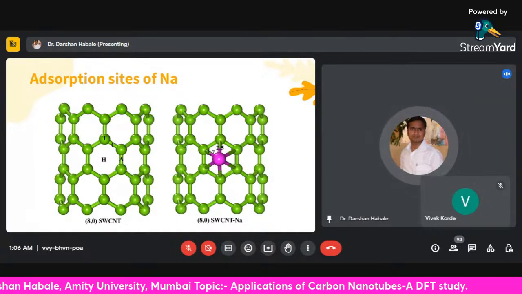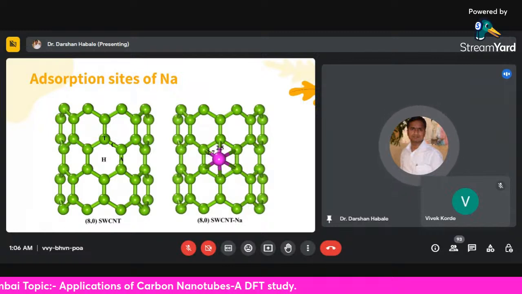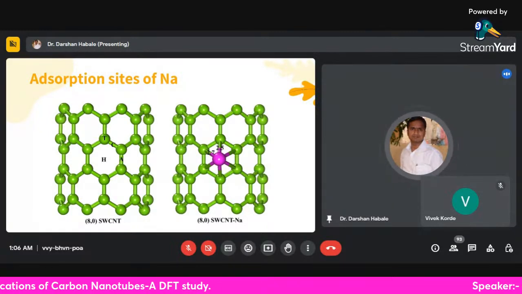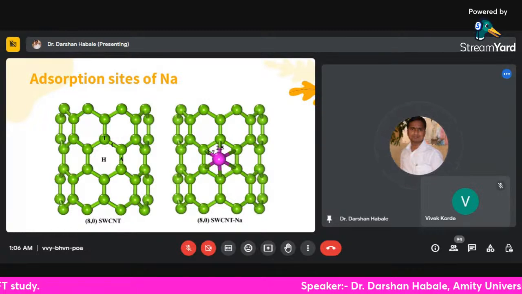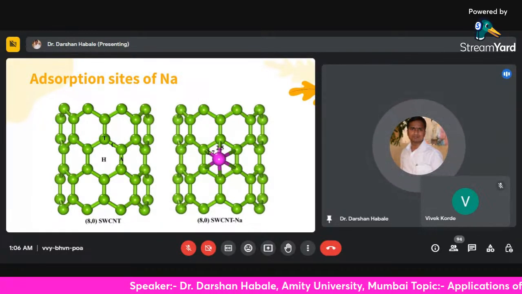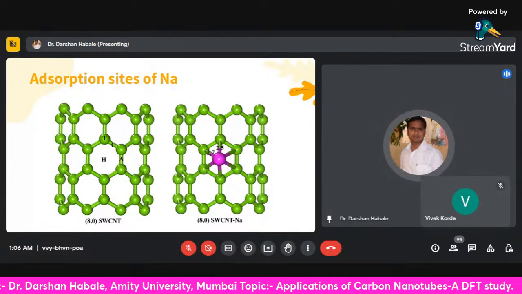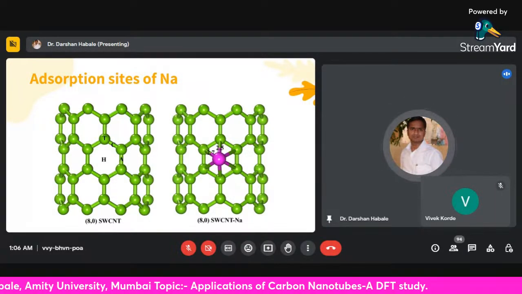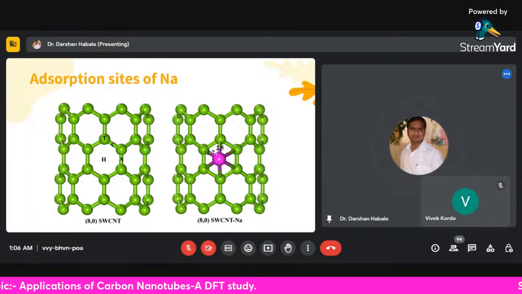We can have (3,0), (5,0), (8,0), (10,0), different types of nanotubes. As the number n increases, the diameter of the carbon nanotube will increase. We have chosen this (8,0) only because it is easy to synthesize as compared to the other carbon nanotubes.